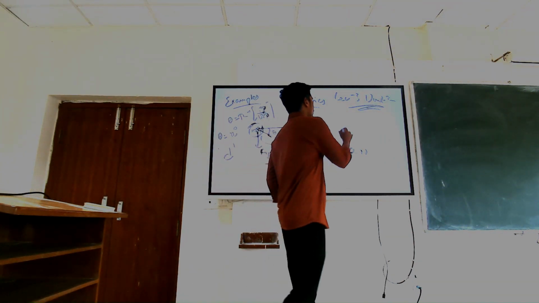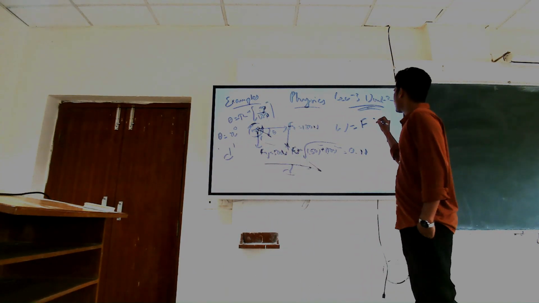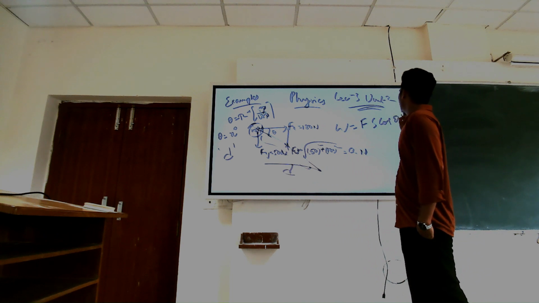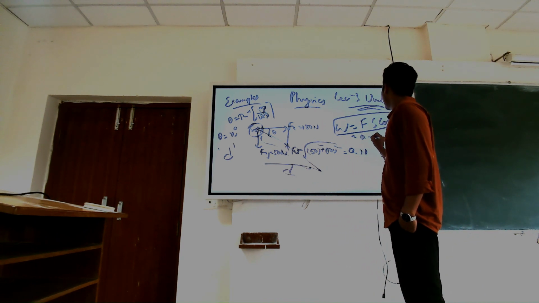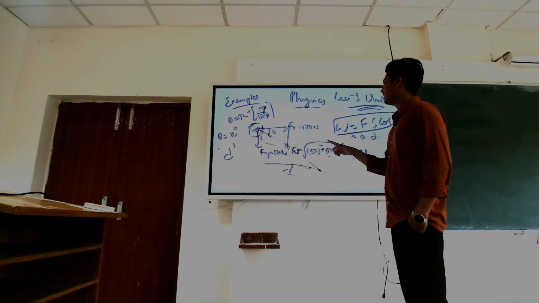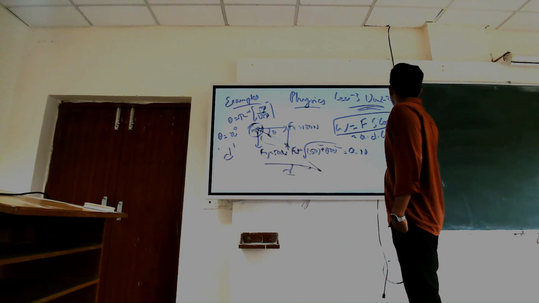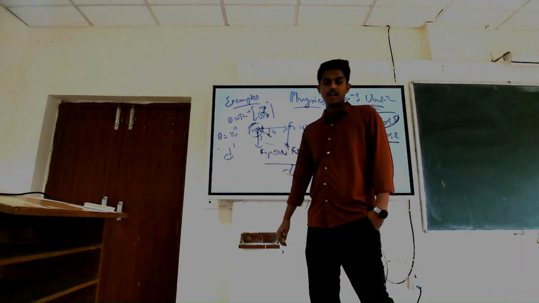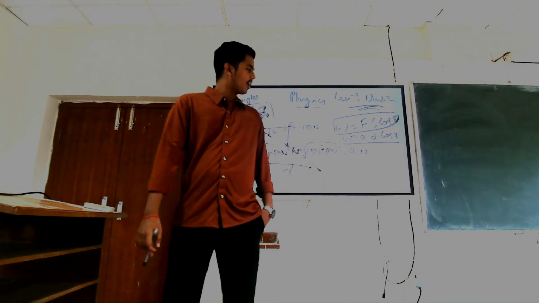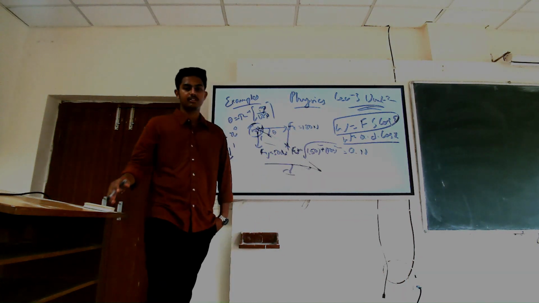Now, what is the work done? It is nothing but F s cos theta, as we know the formula. So it is equal to F, which is A Newton, into S, which is D, into cos theta, where theta is x, so cos x. This is the worked out example. I am not giving the final answers; that is your homework.